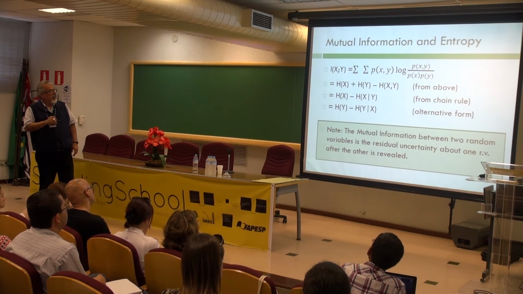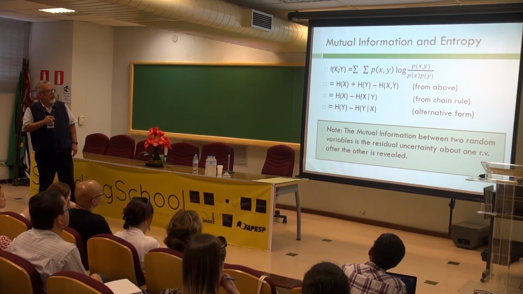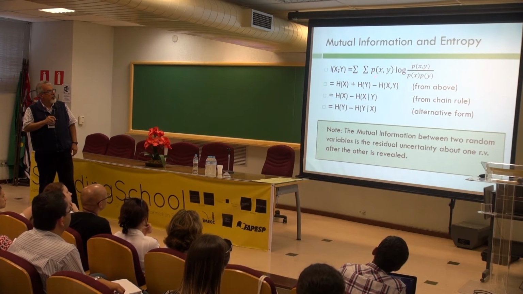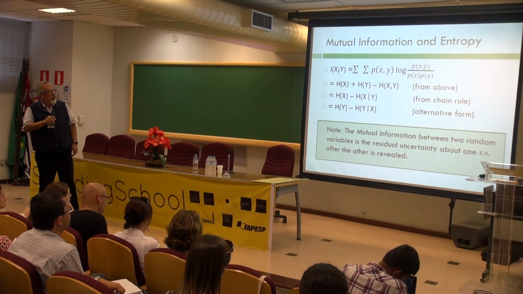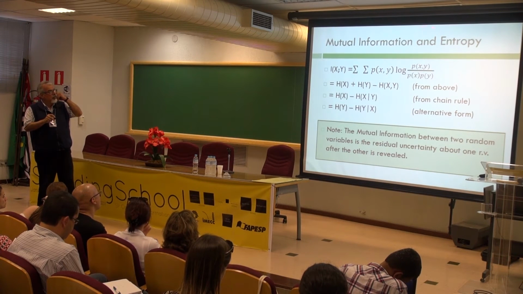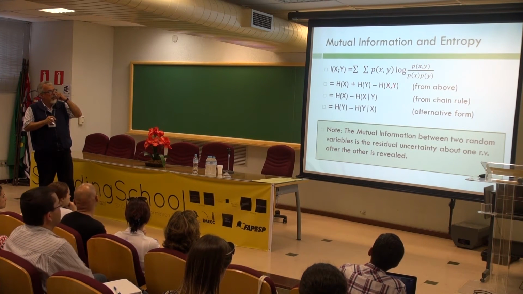Okay. Now let's look at mutual information and entropy. How can we express this in terms of entropies? Well, here's the expression that we had. It's the double sum of P of xy times this log. Now, each of these terms here in the log is associated with a particular entropy. This one here is associated with the joint H of x, y.